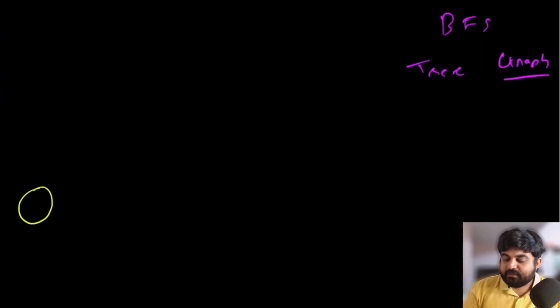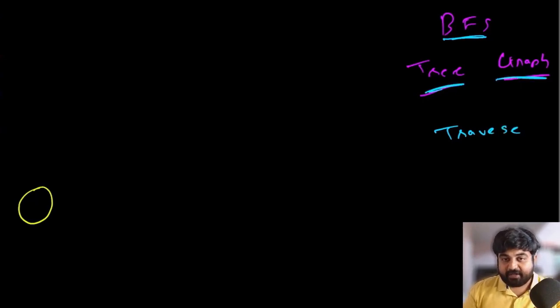Now, if we want to see the overview of breadth first search, basically we have to understand where the breadth first search technique applies. It typically applies in 2 ways. First one is a tree data structure, and second one is a graph data structure. Breadth first search is basically a mechanism to traverse over, or to go over, all the nodes in breadth in any given tree or graph data structure.